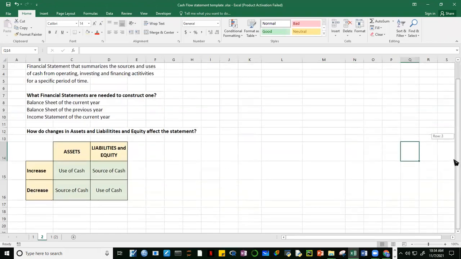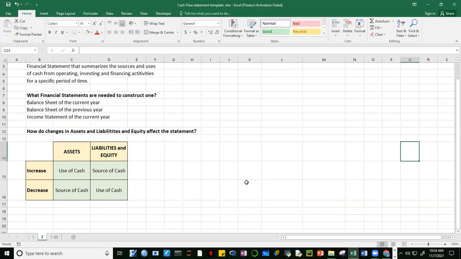So we're tracing the effect of the movements in your assets, liabilities and equity accounts and their impact on cash. So when assets increase, it's a use of cash. So for example, inventories increase, then we know that we use cash in order to increase your inventories.